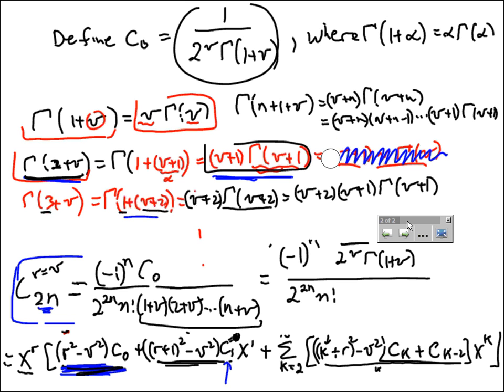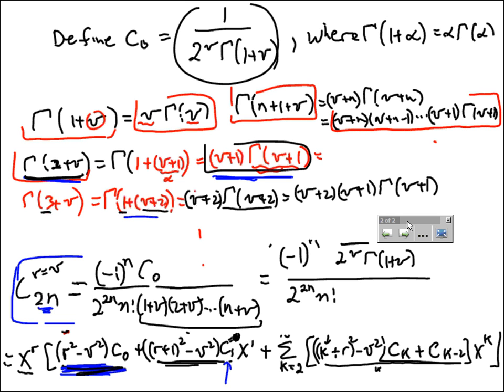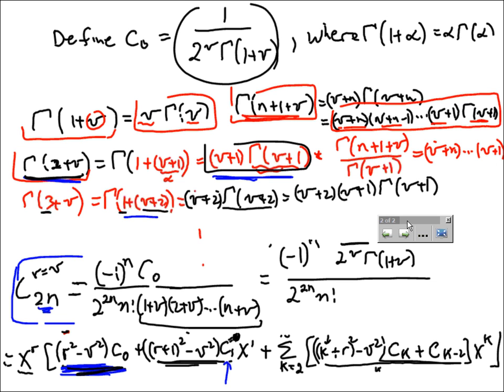Okay, and now what's going to happen is the following. We have that this is equal to all of this. If I divide by this last gamma, I have gamma of n plus 1 plus v divided by gamma of v plus 1, and it's going to equal everything else: v plus n all the way down to v plus 1.